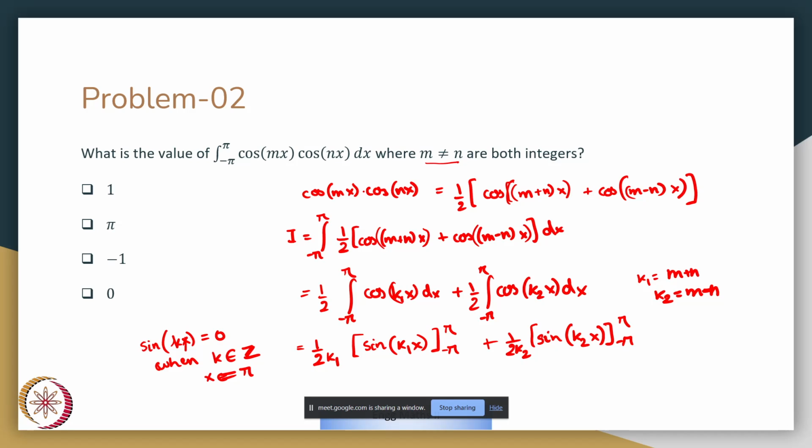So sine of k pi is 0. We substitute this here, and we end up with 0 plus 0. So this particular integral has the value of 0, and this touches upon the important concept of orthogonality.